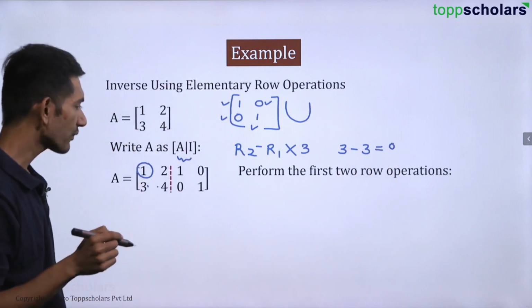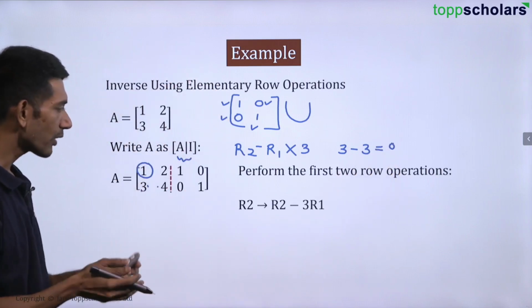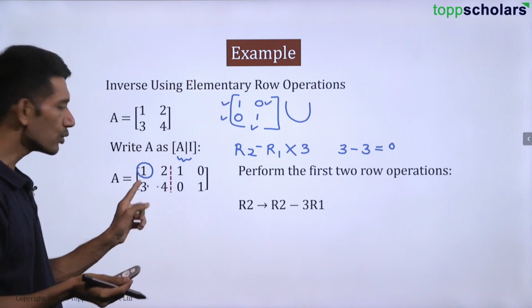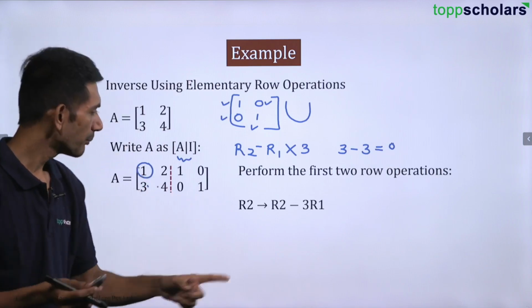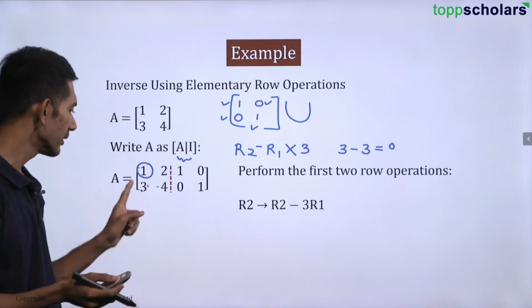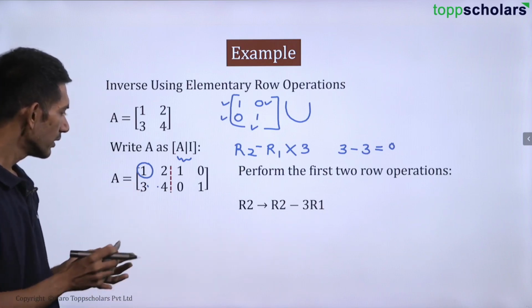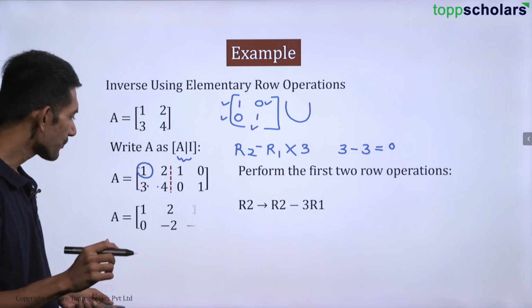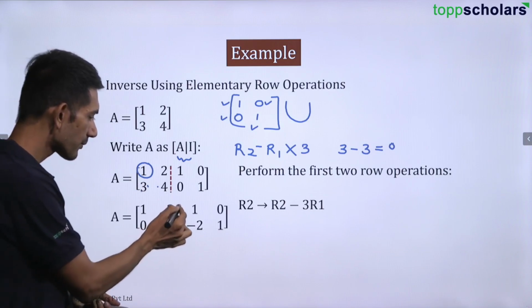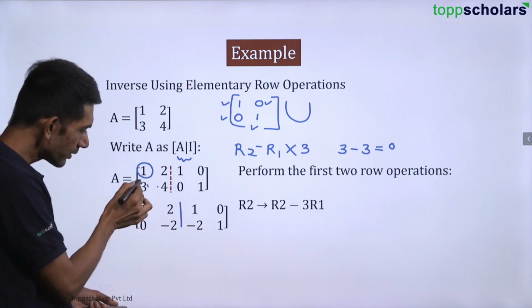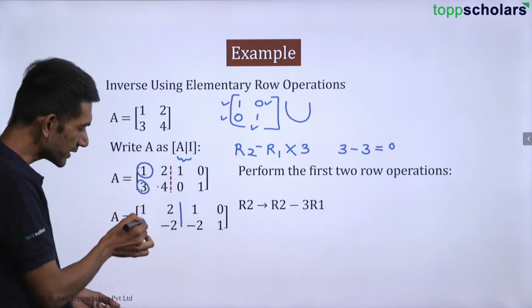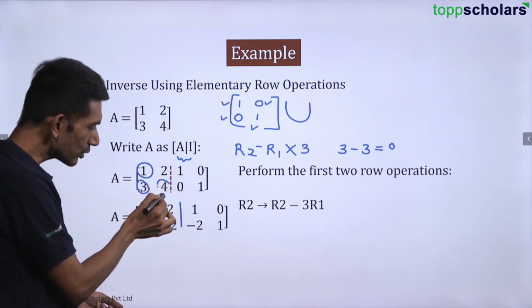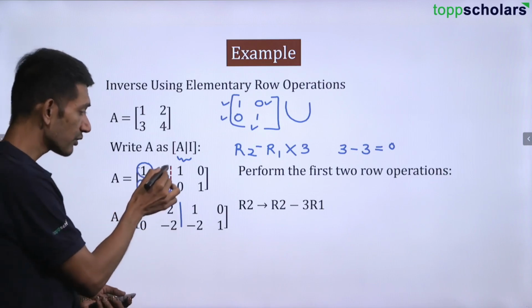So that is exactly what we are going to do. Now understand. So what I am doing is, R2 we are changing by taking R2 minus 3 R1. Now understand, what will happen is, if you see this, R2 minus 3 R1, this becomes 0.